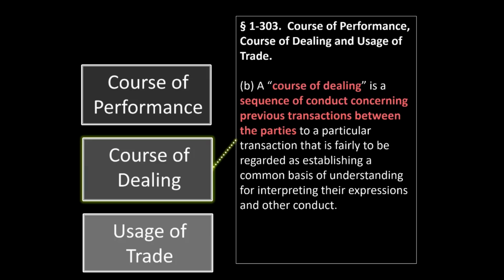But unlike course of performance, a course of dealings relates to the pattern of conduct between the parties before or prior to contract formation, namely any pattern of conduct between the parties that was established under any prior transactions or contracts between the parties. So if the parties to a contract have engaged in previous transactions, any pattern of conduct or interactions in connection with those previous transactions would establish a course of dealings for their present contract.